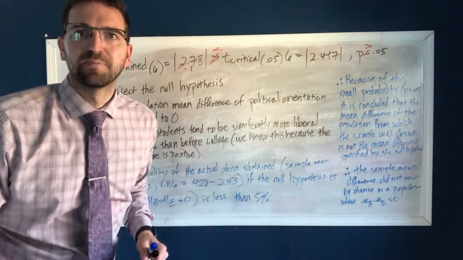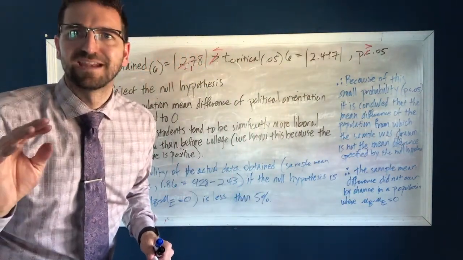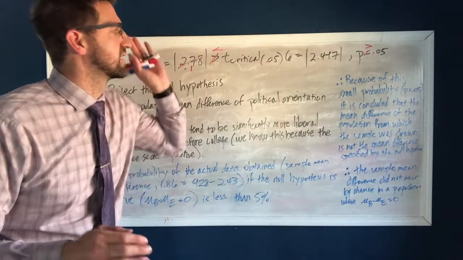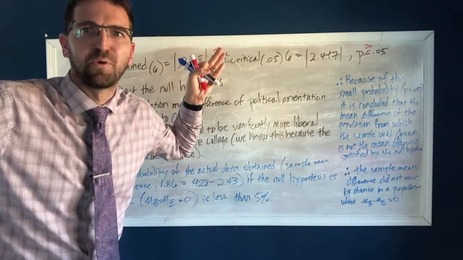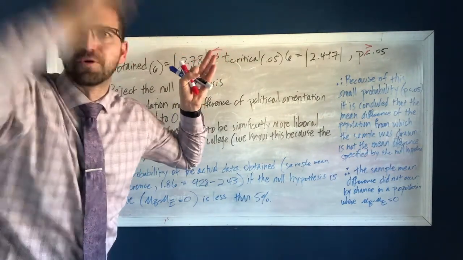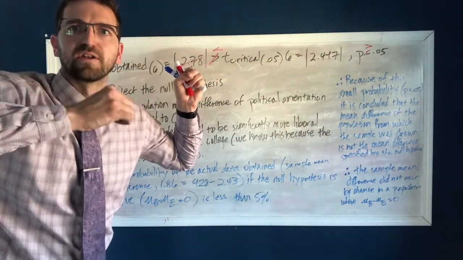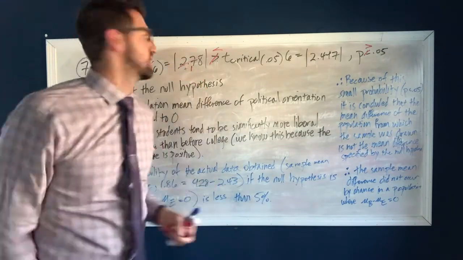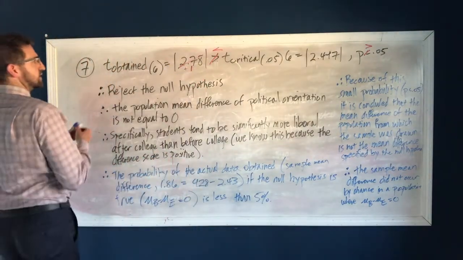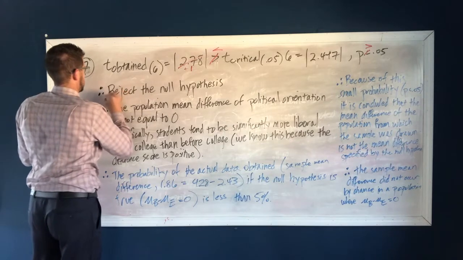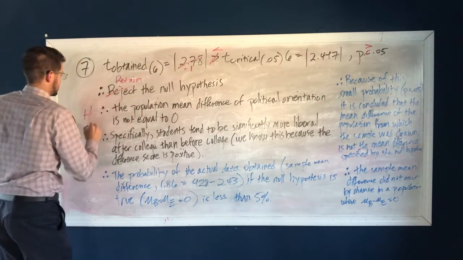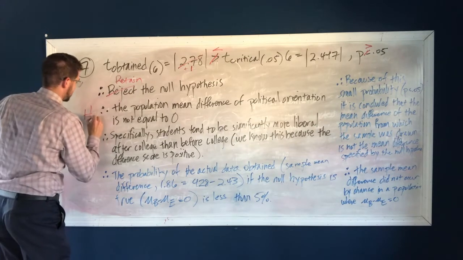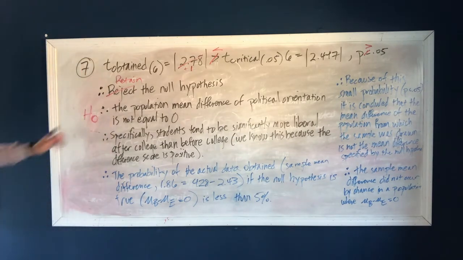So that t obtained of 1 would be between our negative 2.447 and our 2.447. So p is greater than 0.05, retain the null hypothesis. So we would retain the null hypothesis. So we would interpret the null hypothesis.